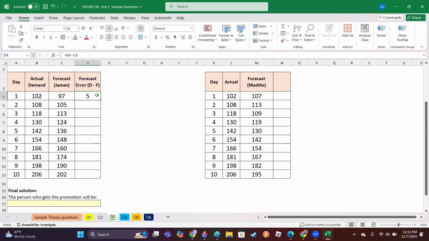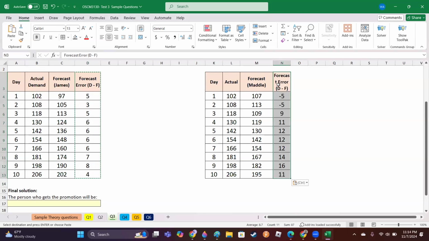I get a 5. Now I have my forecast error, and I could copy this column over because it has a formula. Let's copy it over and get Maddie's forecast error as well.